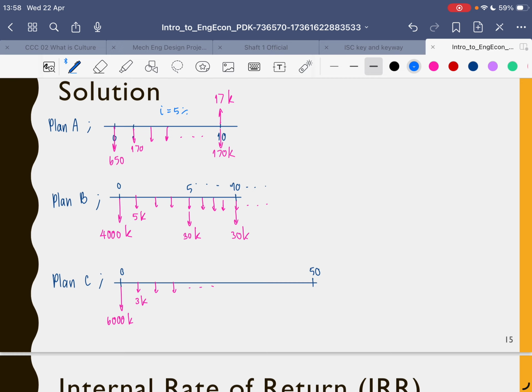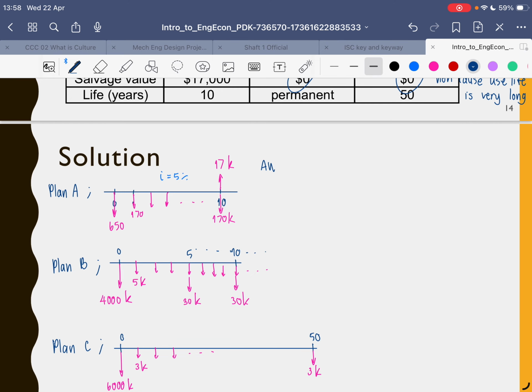This is the capital recovery of option A plus the AOC of option A. Capital recovery is minus 650K plus 17K divided by 1.05 to the power of 10, and everything is divided by (1.05 to the power of 10 minus 1) divided by (0.05 times 1.05 to the power of 10), and then minus 170.